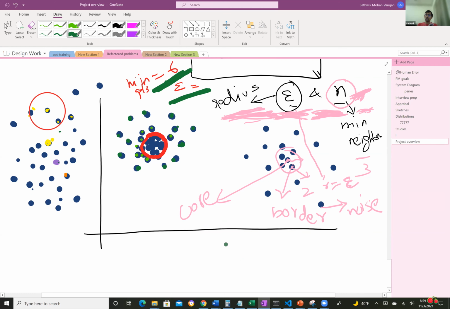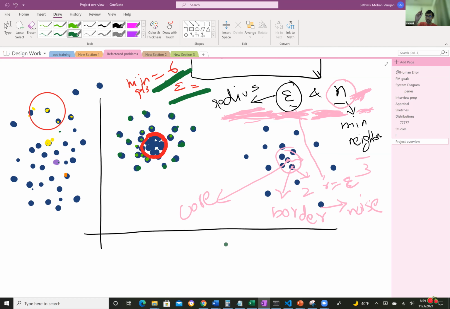And based on that, you build your clusters, and that is where the difference comes. When you vary these two parameters, you might end up with 3 clusters, 4, 5, or 6 clusters, depending upon what you set up as the number of neighbors and the size of the circle. That's how your silhouette score will also keep changing, and you keep track of it.